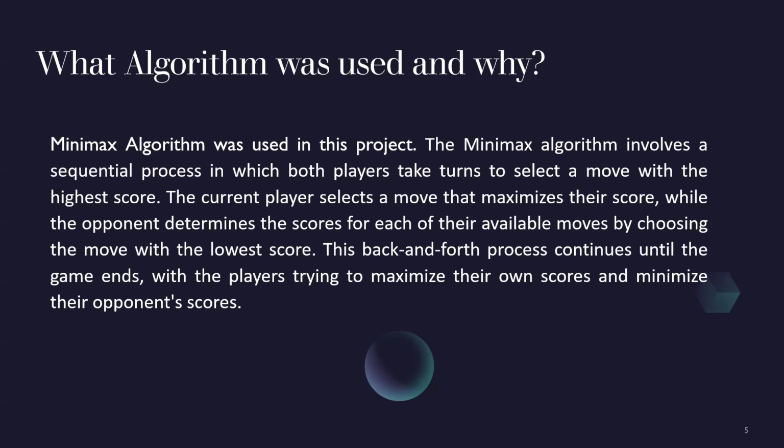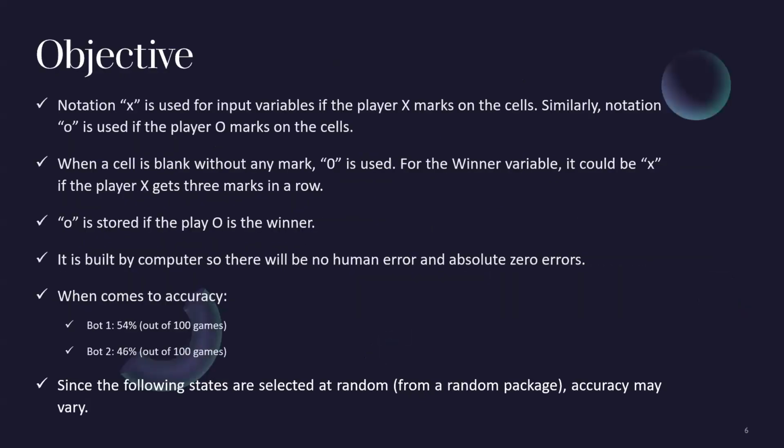So basically, the min-max algorithm works by recursively exploring all possible game states and choosing the best move based on the outcome of the game, assuming optimal play by both players. This technique guarantees that the player will make the best possible move given the current state of the game. Next.